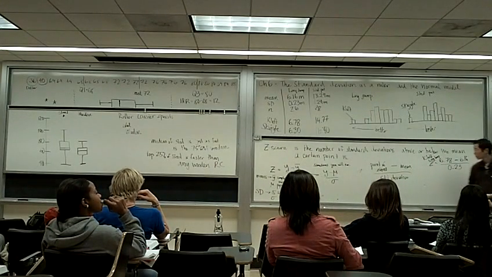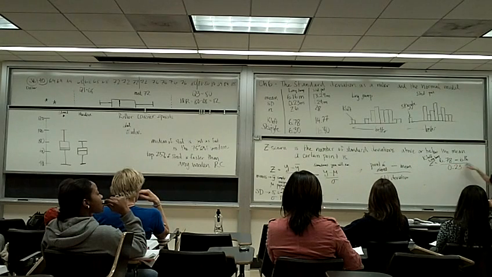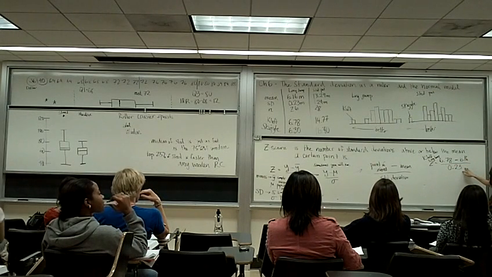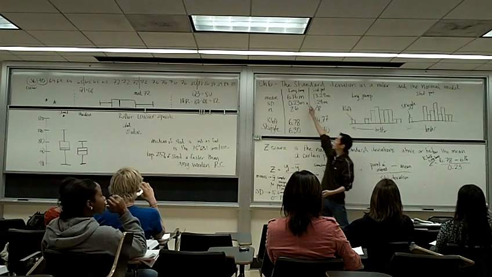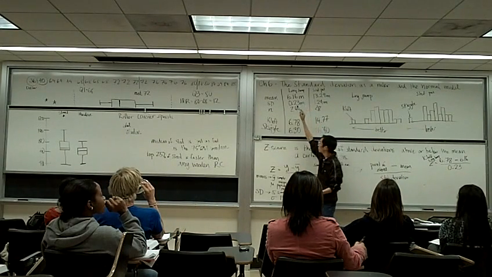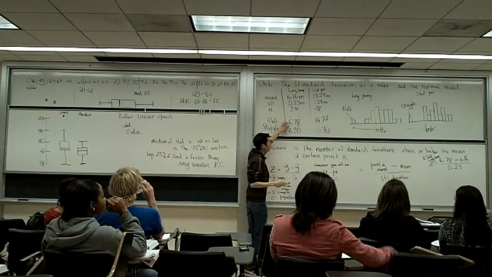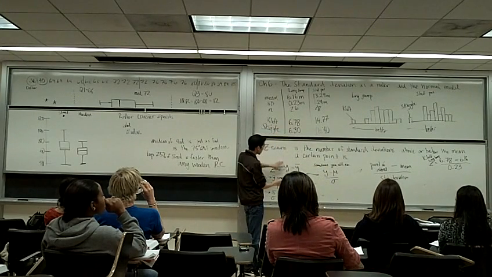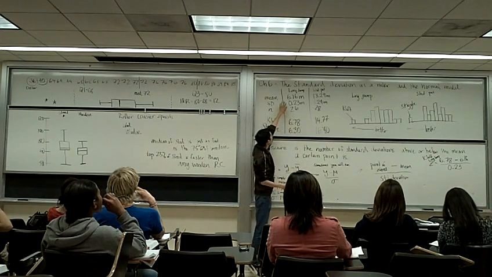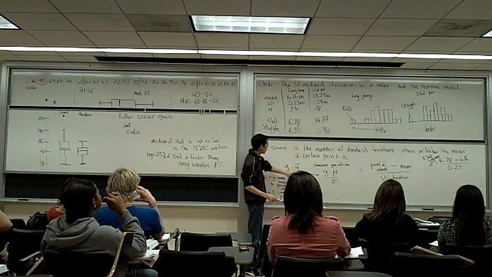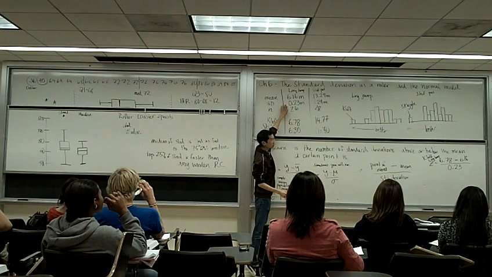Everyone's okay with where I got the 6.78, the 6.16, and the 0.23? The 6.16 is the mean of the long jump scores. Kluft's score, the point we're interested in, is 6.78. That's our y. The 6.16 is our y bar, the mean, and the s is the standard deviation.